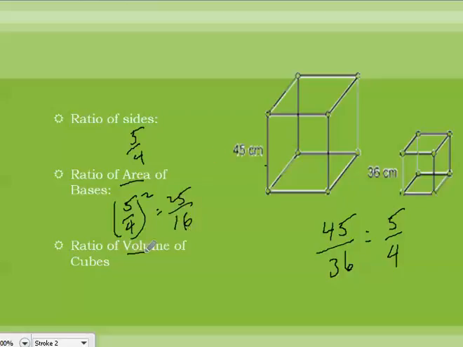And the volume is going to take 5 over 4 to the third power, and that's going to be equal to 125 over 64. Okay, you see what I'm doing here? Volume cubed, area squared, sides, nothing, just 1.